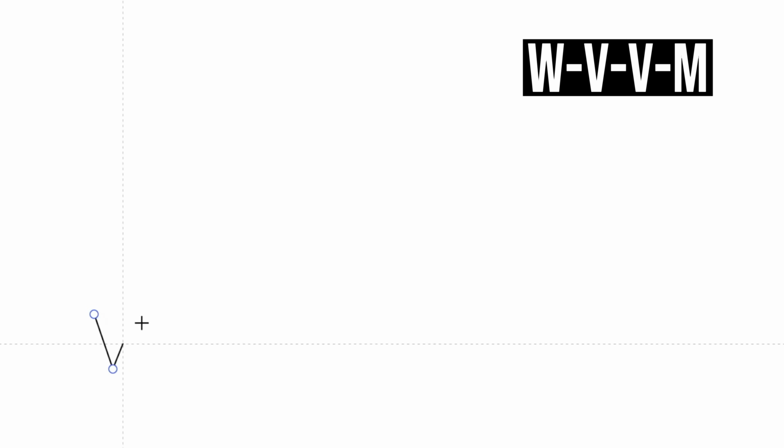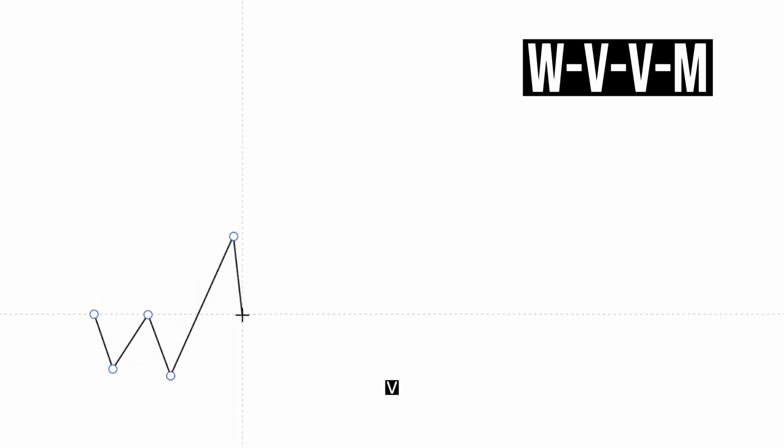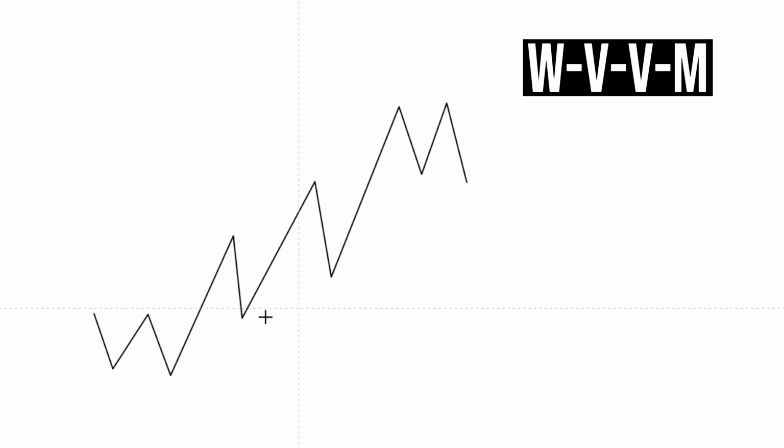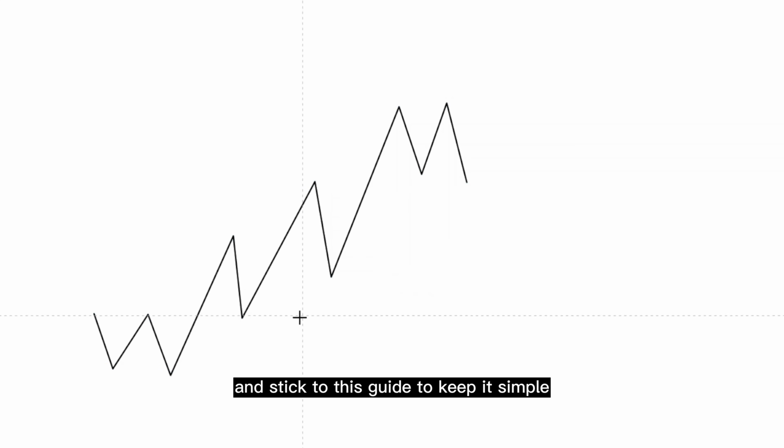Now, if it was bullish, you're looking at a W, V, V, M. And stick to this guide to keep it simple.